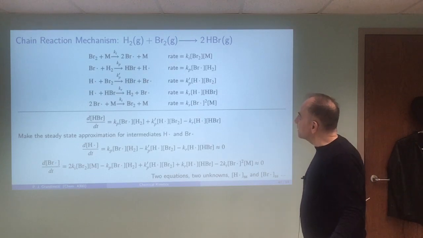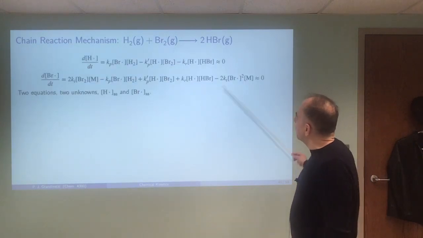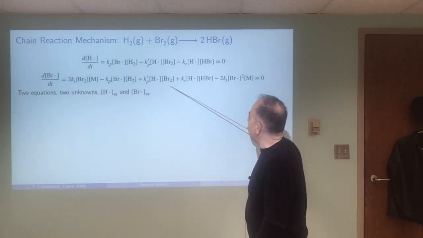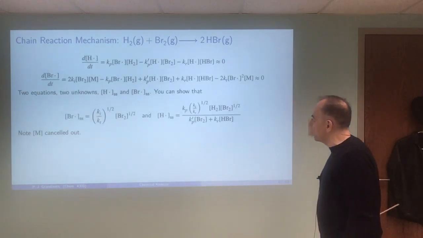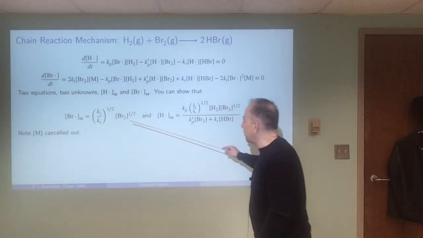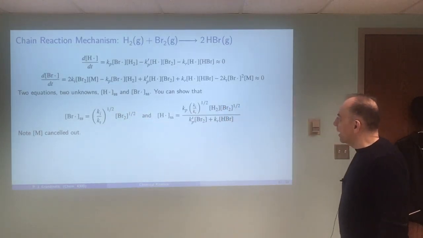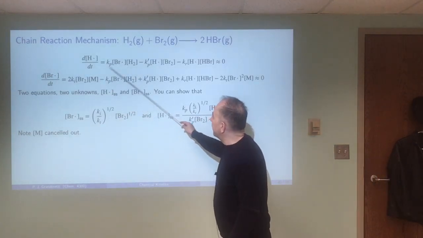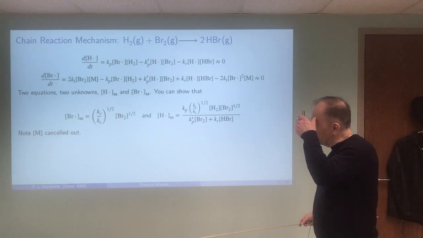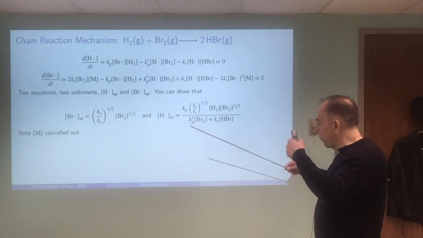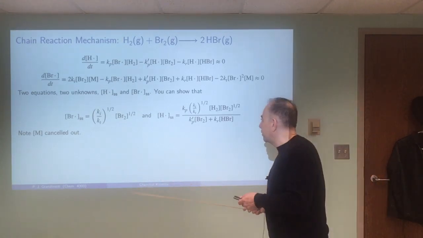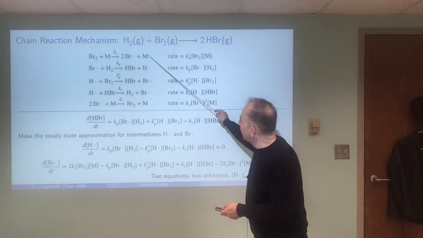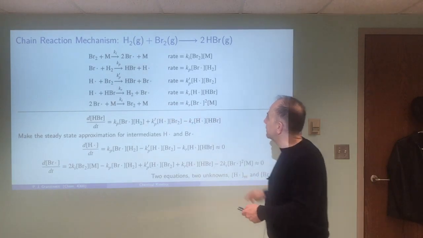So we'll go to the next slide, and we'll take this equation and this equation, and we are going to solve them for those two concentrations, and here's what you get. So I'll leave this again for an exercise for you to do at home. But you can see that the M, the species involved in the collision to cause the breakup of the species or to cause the reactions, was involved in various ways.